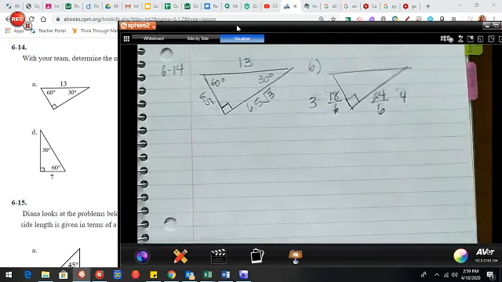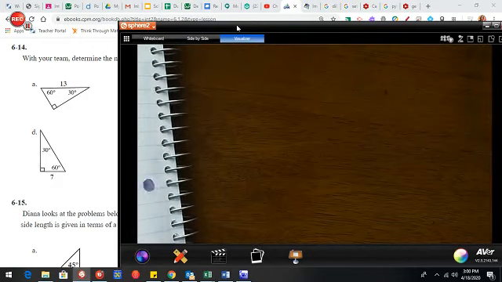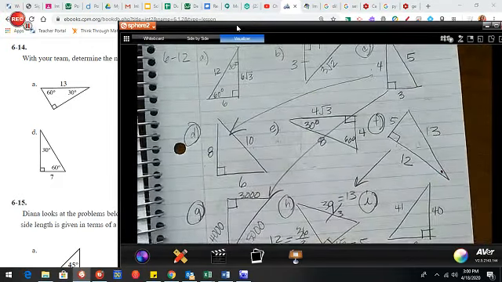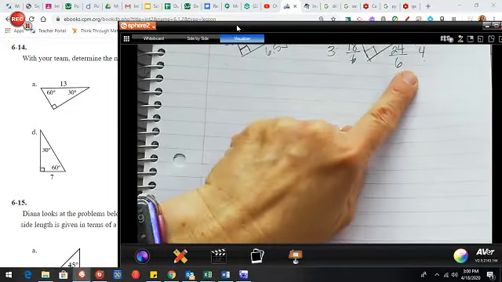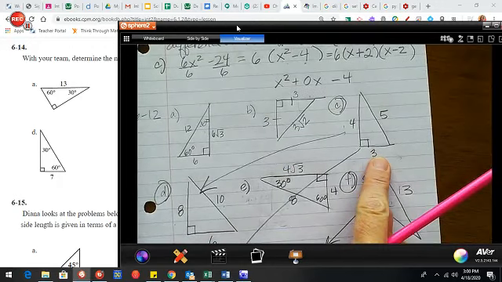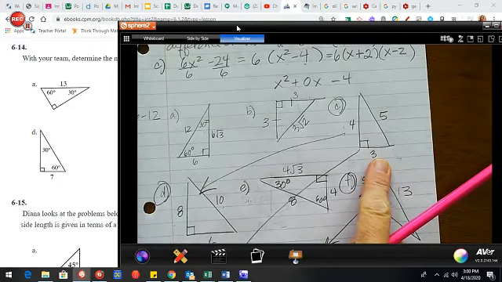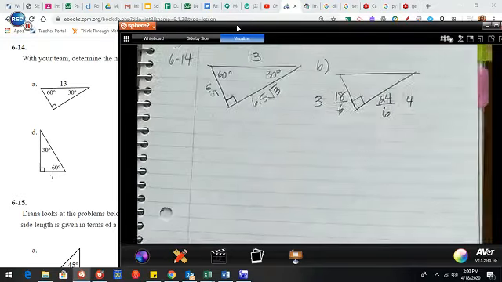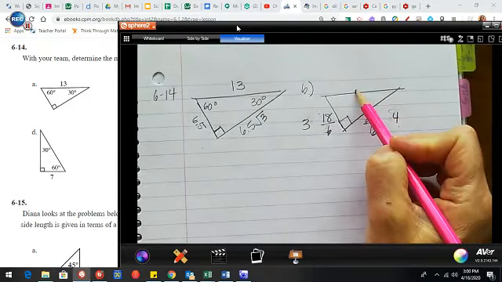Okay, now you may not recognize it right away, but isn't that going to be 3, 4, 5? It's just a dilation of this triangle. So that means that this side would not be 5.